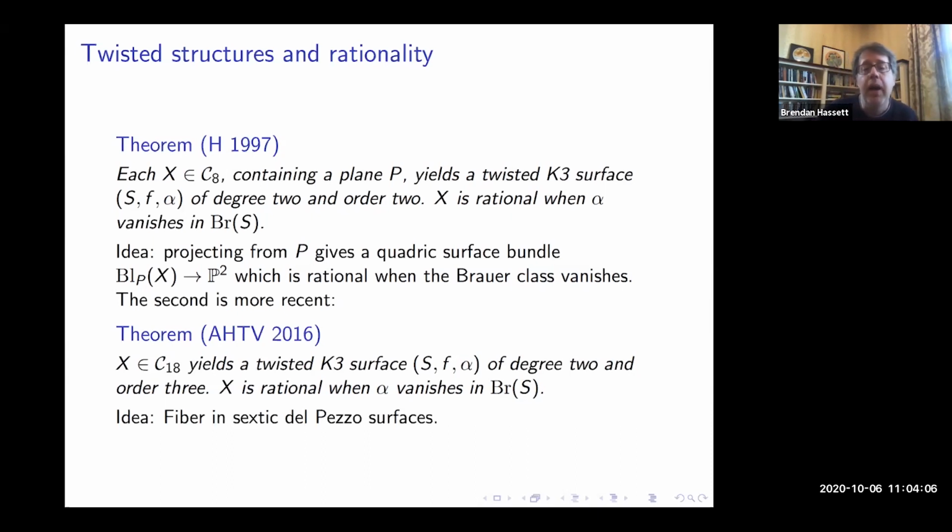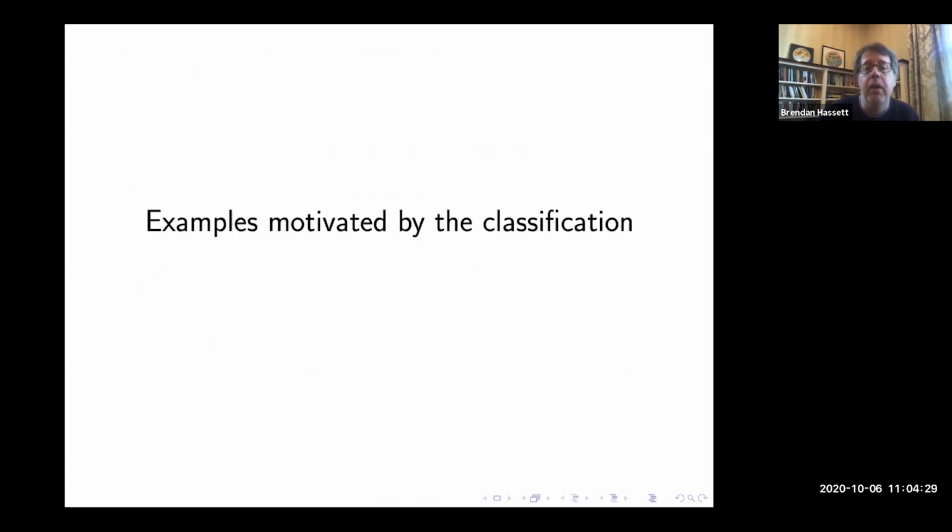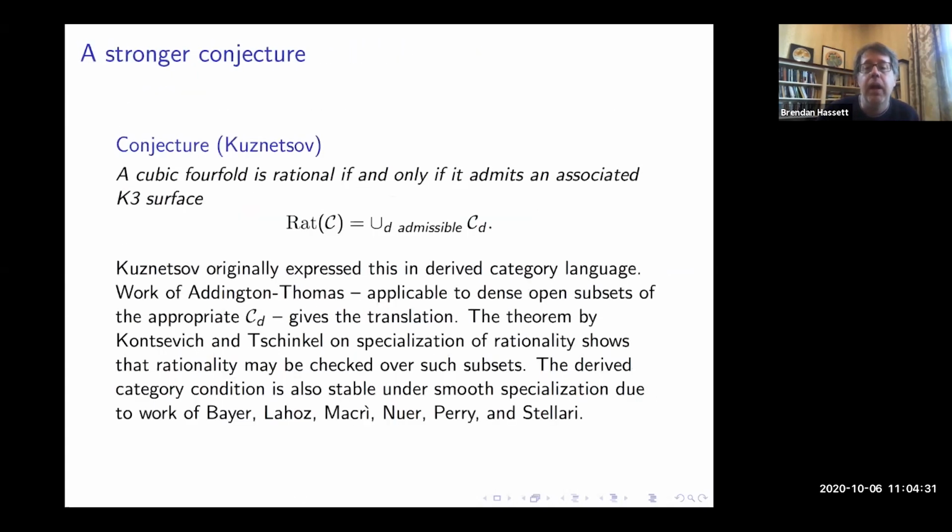I just want to point out that this supports the Kuznetsov conjecture, because the rational parameterizations that you get in these cases do in fact involve K3 surfaces. These loci in C_8 and C_18 are contained in the intersection of the admissible special divisors.